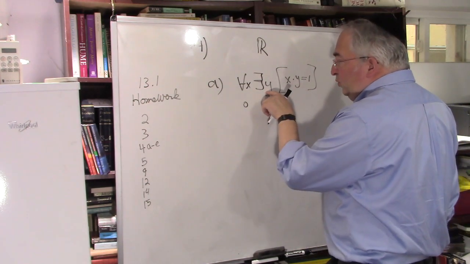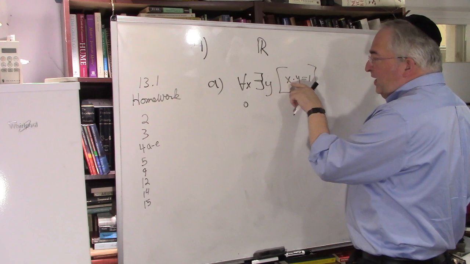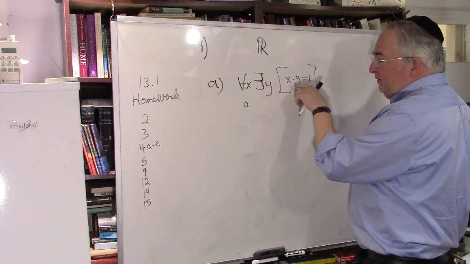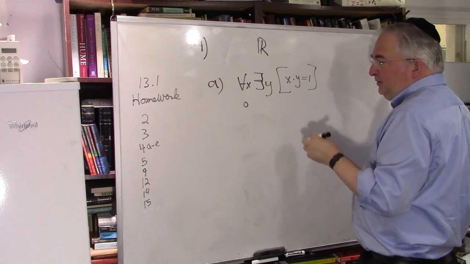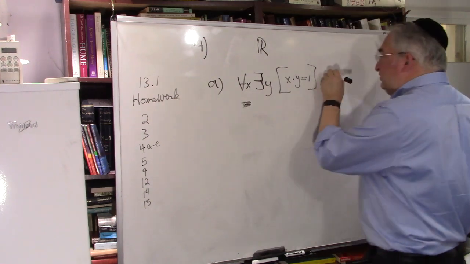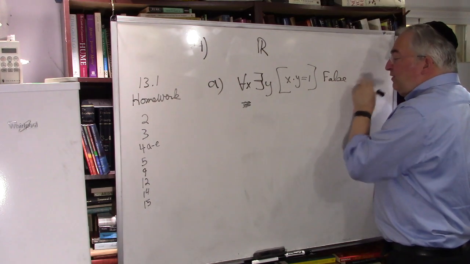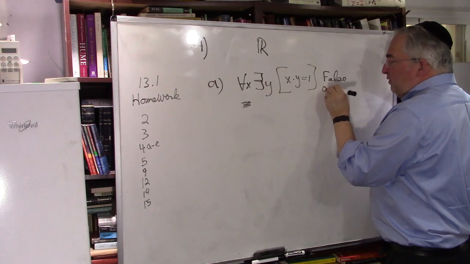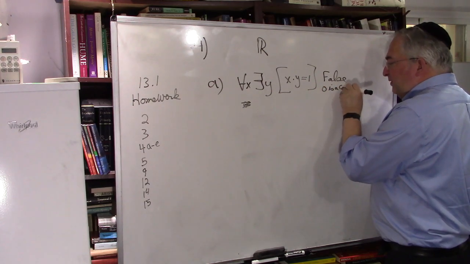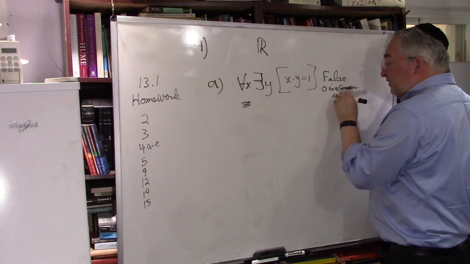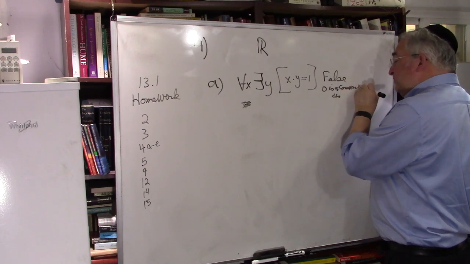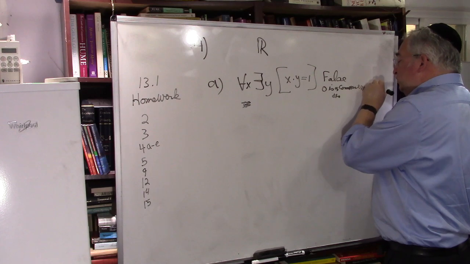There's no number y such that 0 times y is equal to 1. None. So this is false. It has a unique counterexample. 0 is the counterexample. It's the only one where it doesn't work.